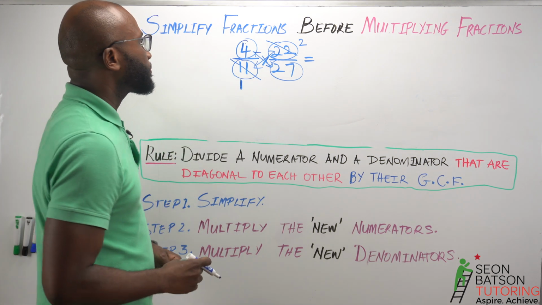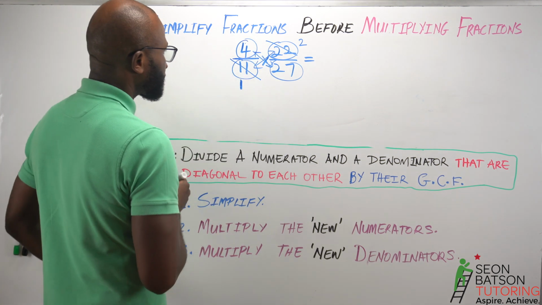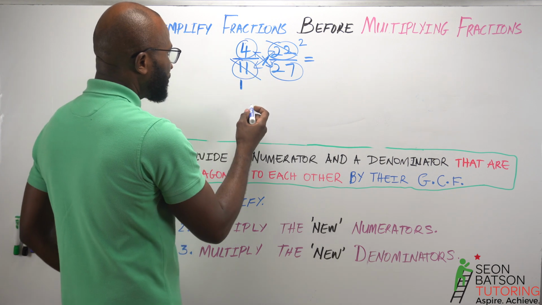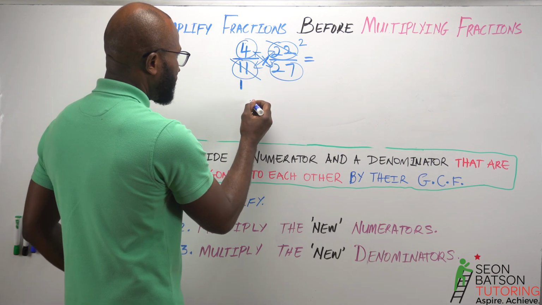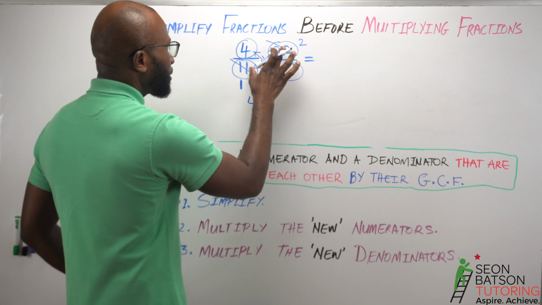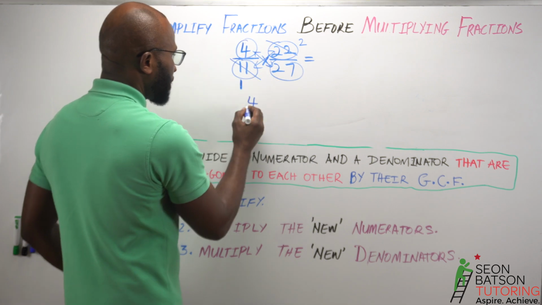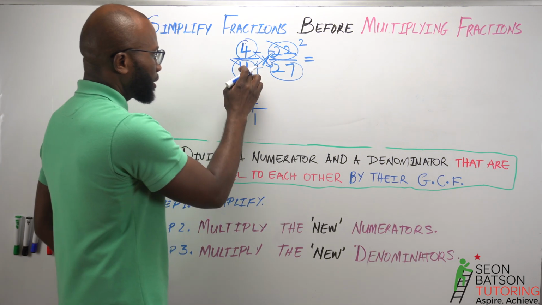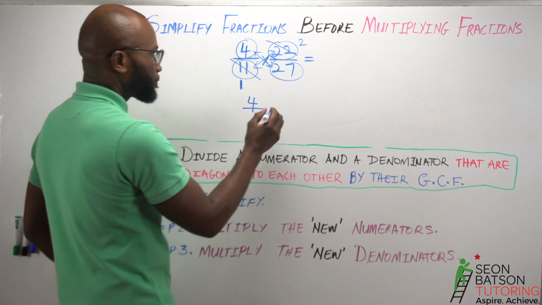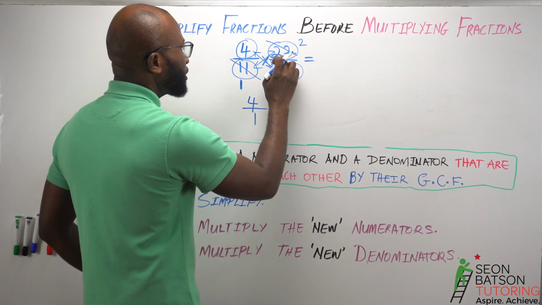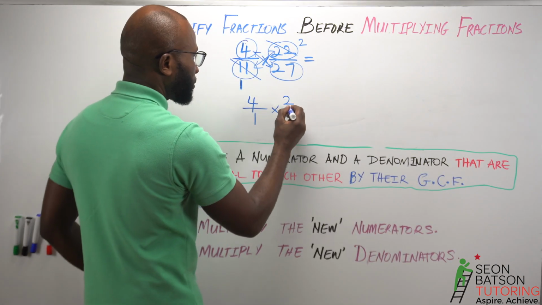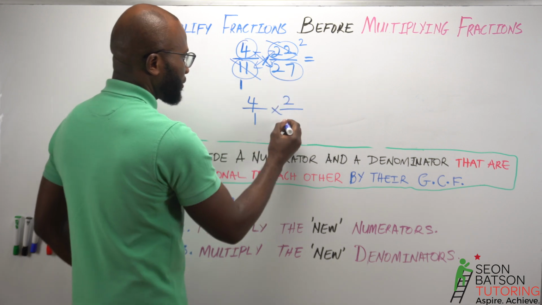No dividing by 1. So let's write back what we have after simplifying this pair. The 4 stays, but 11 shrunk to a 1. We shrunk 22 down to a 2. And 27 stays.